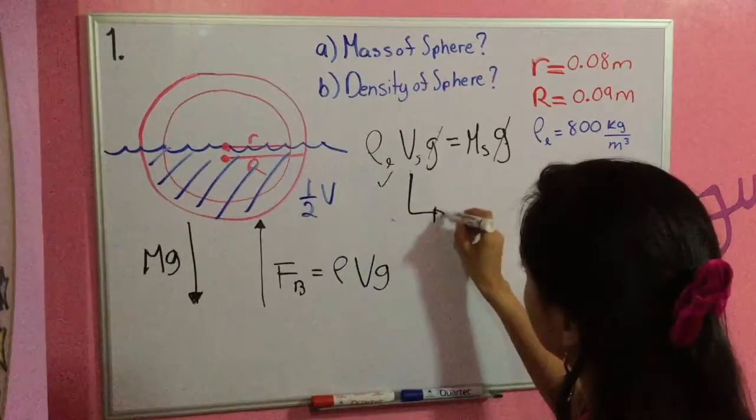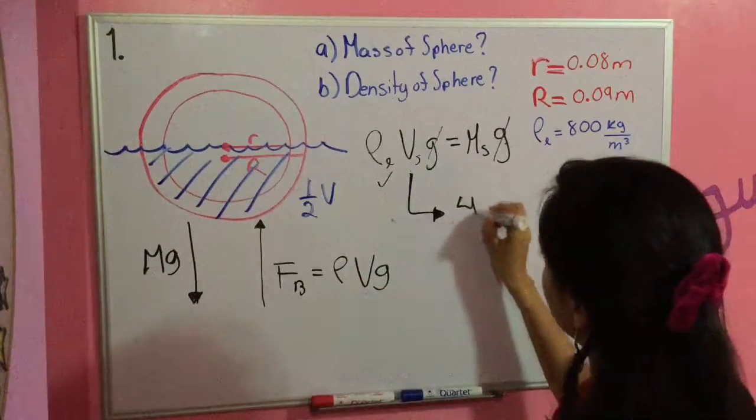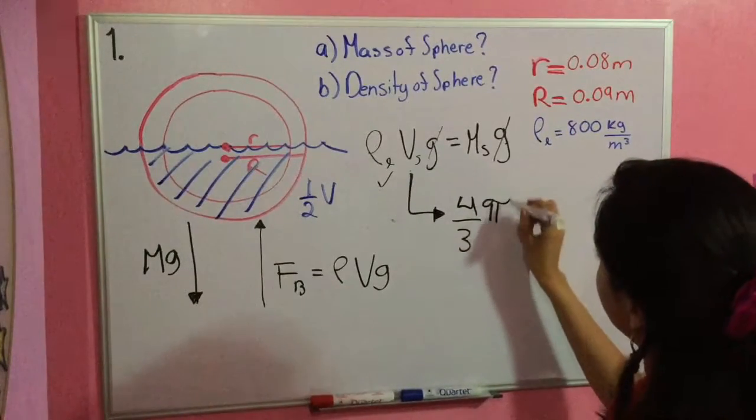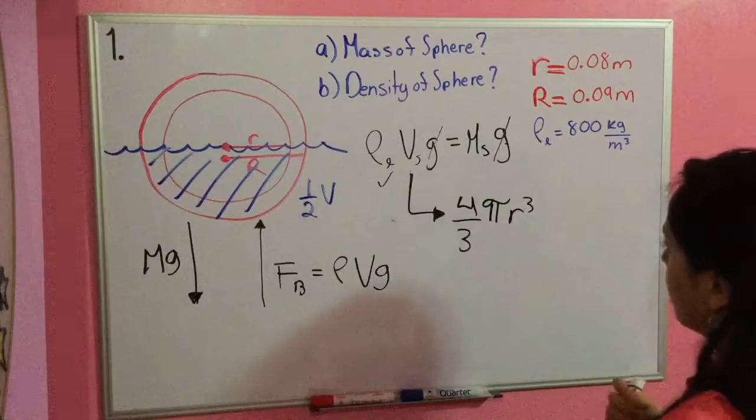And for the volume, we only have to calculate the volume of a sphere, which is 4/3 times pi times r cubed.